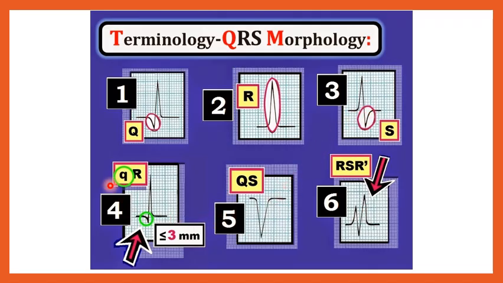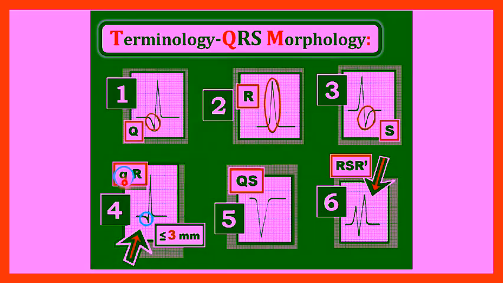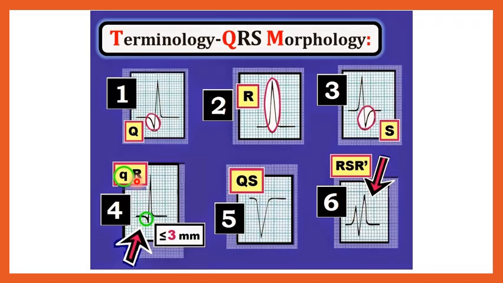Now you'll notice sometimes when a QRS is described, you can see some lowercase letters and some uppercase letters. They're designed that way because they identify the size of the wave.